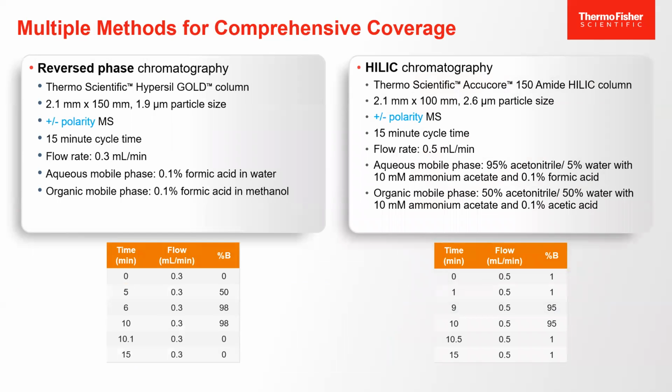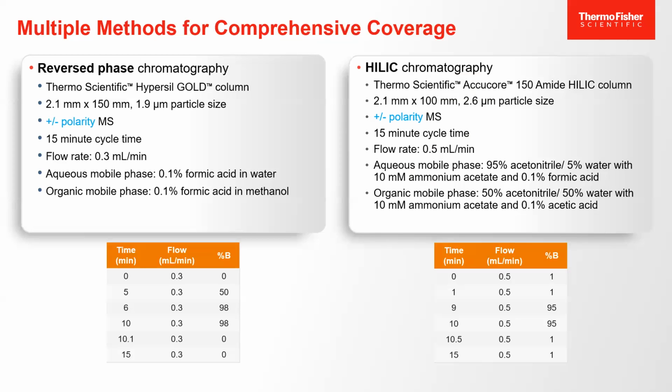We're also sticking to the 15-minute cycle, as well as increasing the flow rate to 0.5 milliliters per minute. Again, these are just starting positions for you on an application. This is generic, not super specific to your application. Some of these things might change based on the hydrophilic side of your compounds, or whether they are going to be more basic or acidic, and whether they're going to be positive mode or negative mode.